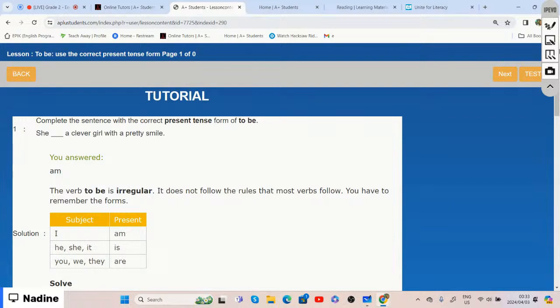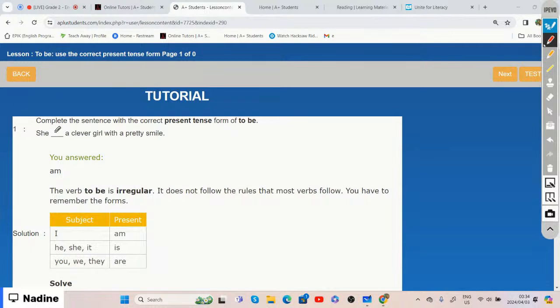If we choose the correct one, then we are going to say she is.